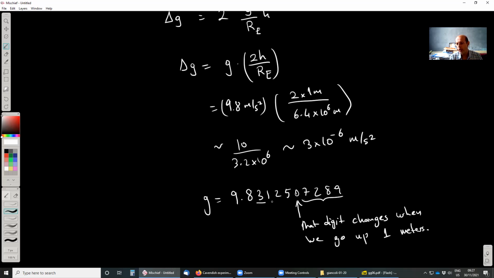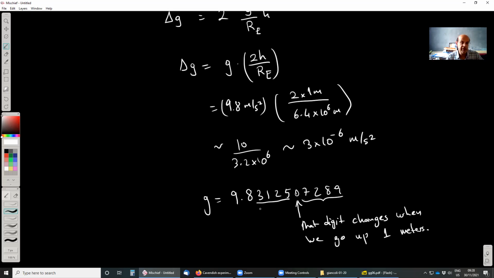So as a result, this dependence on distance is negligible, right? So even though we know that the gravity depends on the location around us, that dependence on location is unimportant.